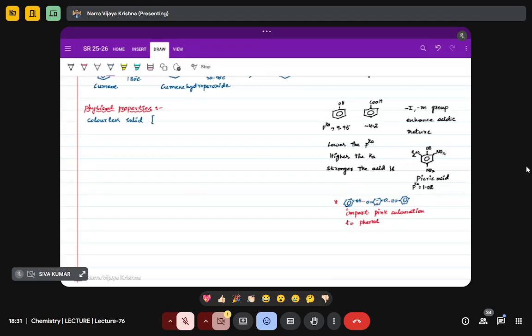So a colorless solid having a melting point approximately 42 degrees centigrade and a boiling point approximately 182 degrees centigrade. It develops pink color.